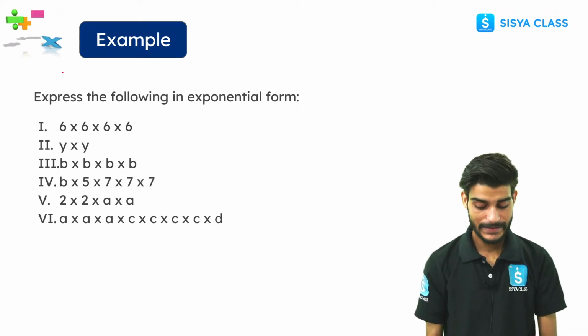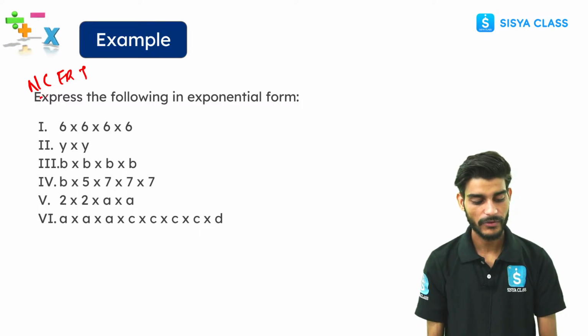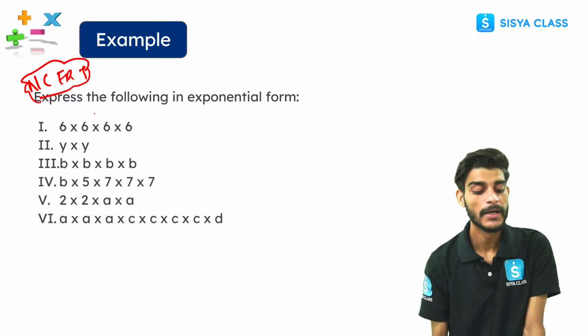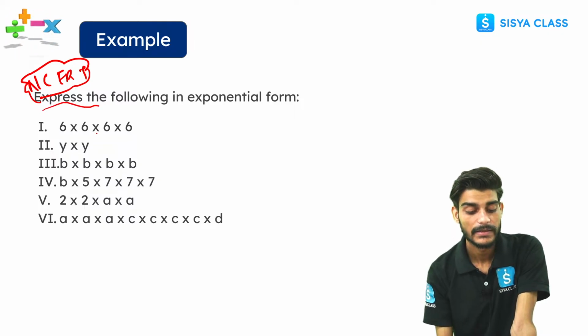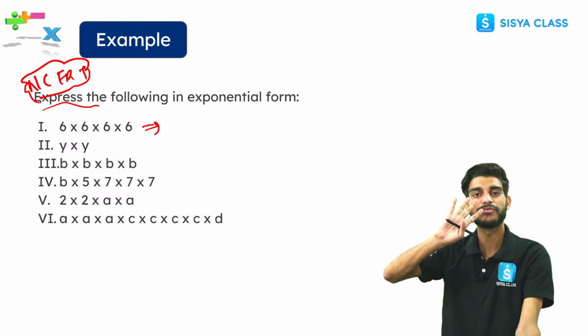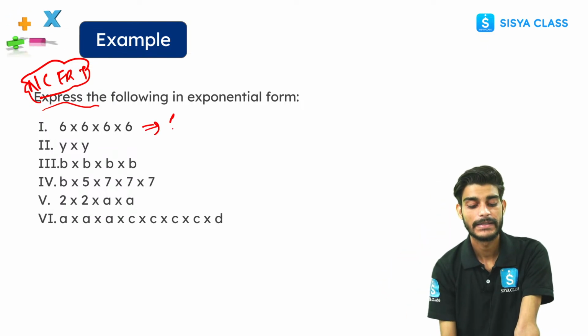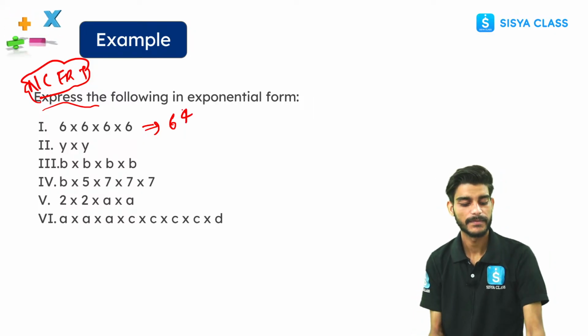These are the NCERT's problems. In the new NCERT book, if you are following the Ganit Manjari book, then you are given these problems. 6 into 6 into 6 into 6. You are multiplying 6 four times. So what will you write here? 6 to the power 4, where 6 is the base and 4 is the exponent. Clear?